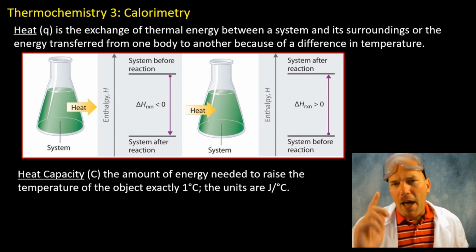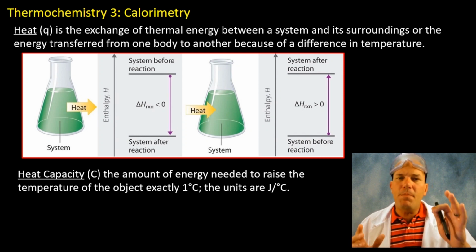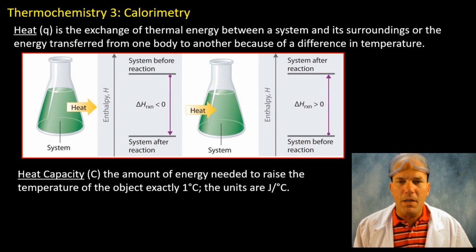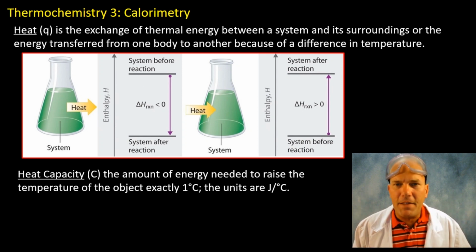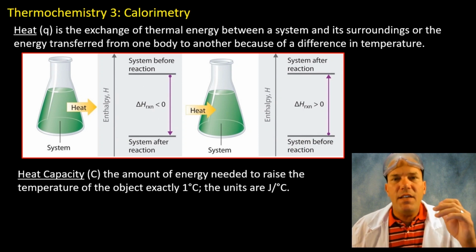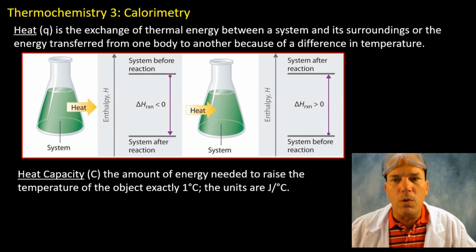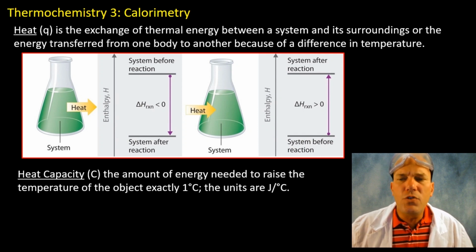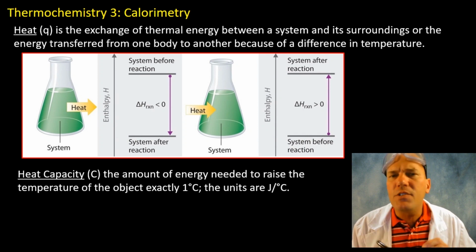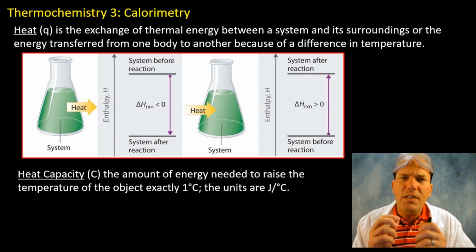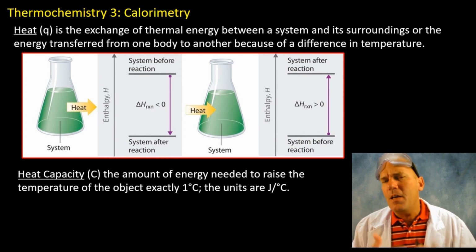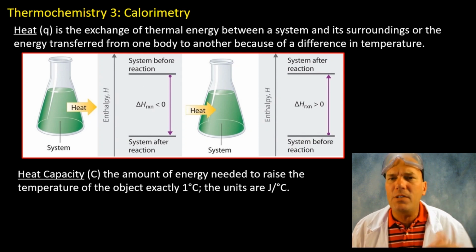Now, I've asked you throughout this video to try to distinguish between heat and enthalpy. Well, here's one important fact I want you to make note of. Heat is indicated in the units of joules, whereas enthalpy was in kilojoules, and not only that, it was in kilojoules per mole. It was an extensive property dependent on the amount of substance.